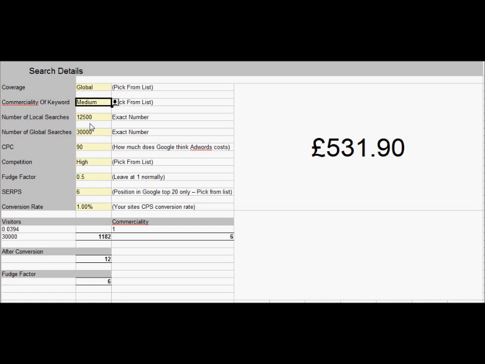Medium, that is naming a product. So Hitachi 32 T9 9X3 TVs, or motor car, or whatever it could be. It's actually naming a product. High, that's naming a product alongside a buying imperative. So motor car dealership, Hitachi 32 blah blah blah for sale, discounted something or other.